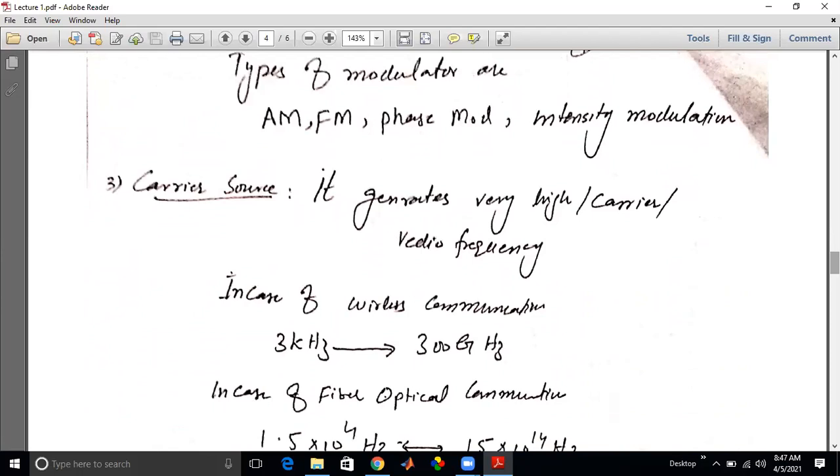But here, in the case of wireless, we will use AM, FM. In the case of optical, we will use intensity modulation.